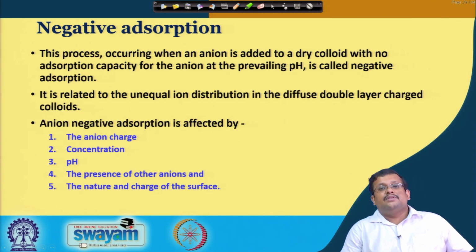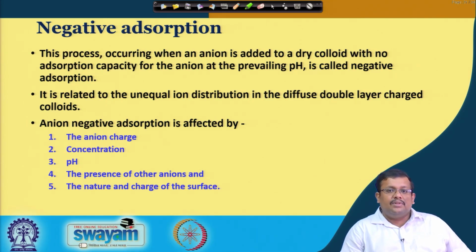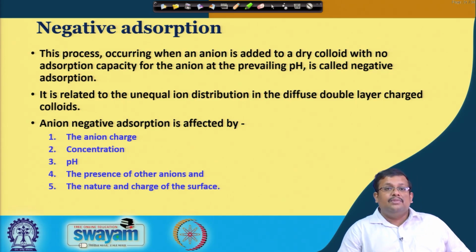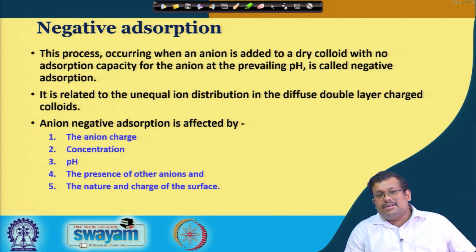Now, this process occurring when an anion is added to a dry colloid with no adsorption capacity for the anion at the prevailing pH is called negative adsorption. I hope you are clear about negative adsorption. It is related to the unequal ion distribution in the diffuse double layer of charged colloids, and that is why there is a repulsion.